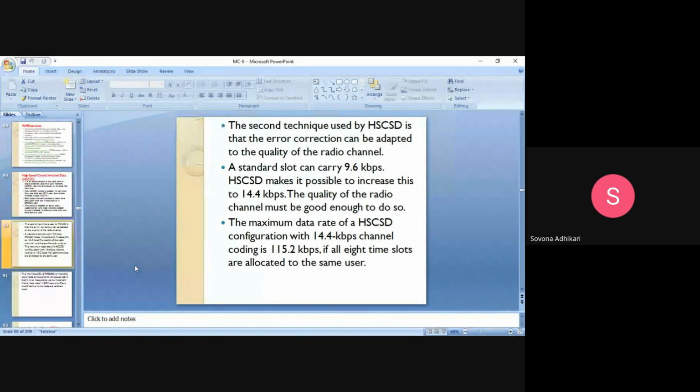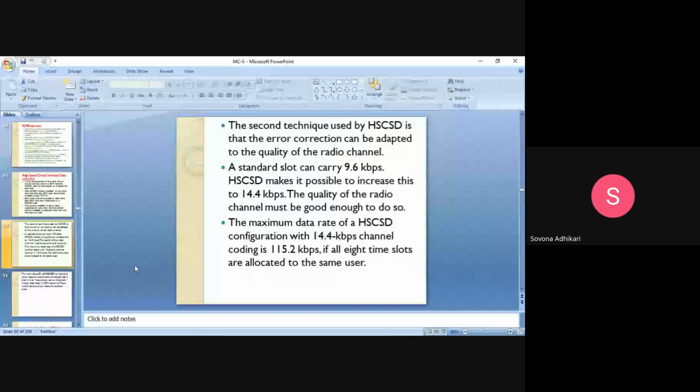If a 0 is altered to 1, or a 1 is altered to 0, that means there is an error. So the error correction can be adapted to the quality of the radio channel. The error correction technique is adapted here.